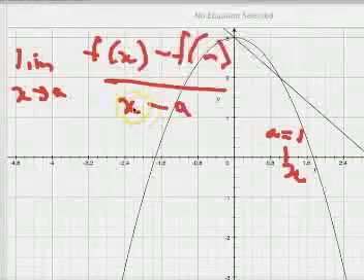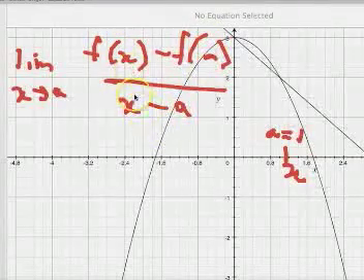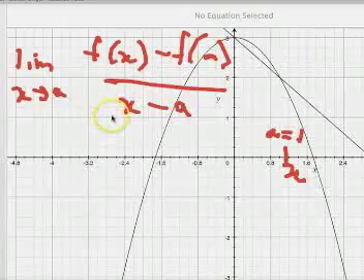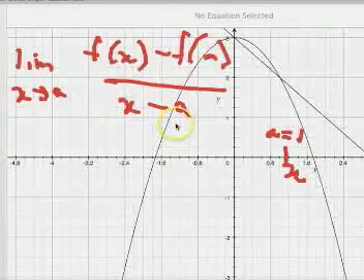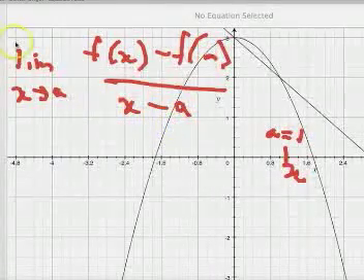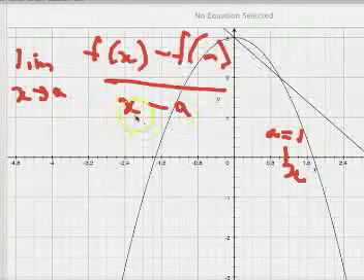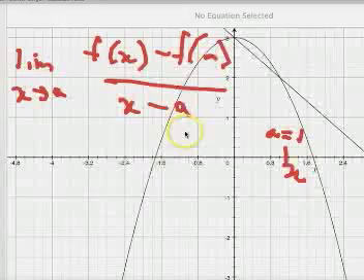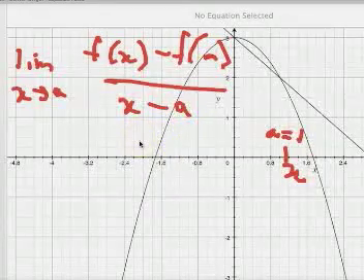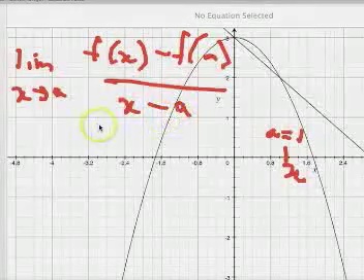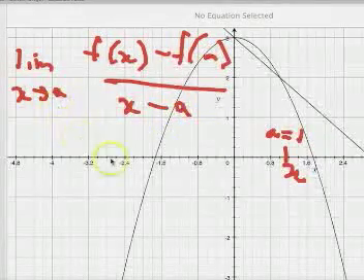This bit of the formula looks exactly like our slope formula. We have the function of something minus the function of something else, over that first something minus that something else. However, here we're making x approach a, so that the difference between x and a is getting really small, to the point where essentially it's the same point, because x is actually approaching a.